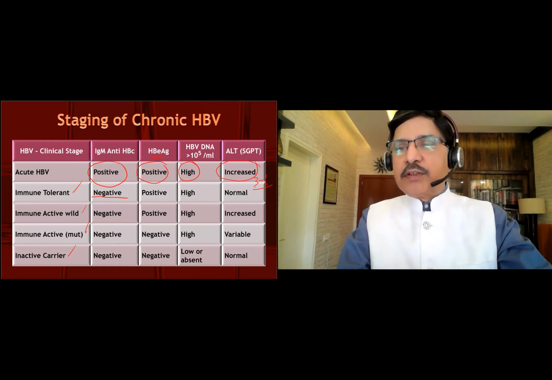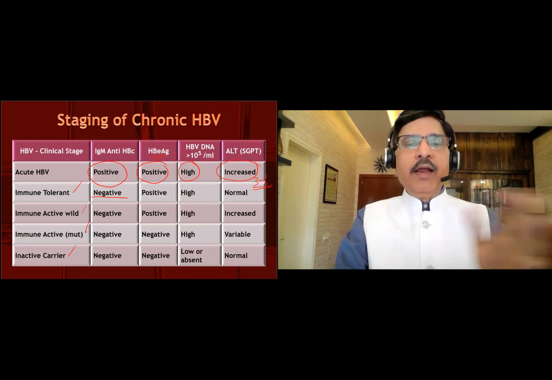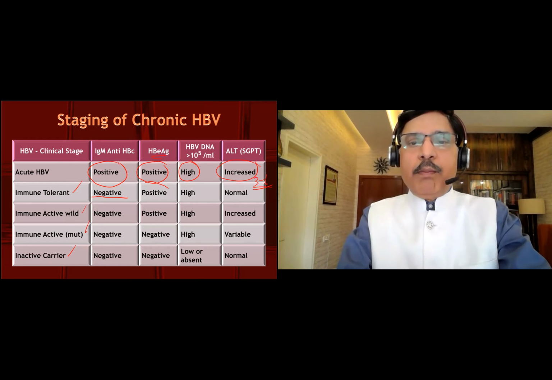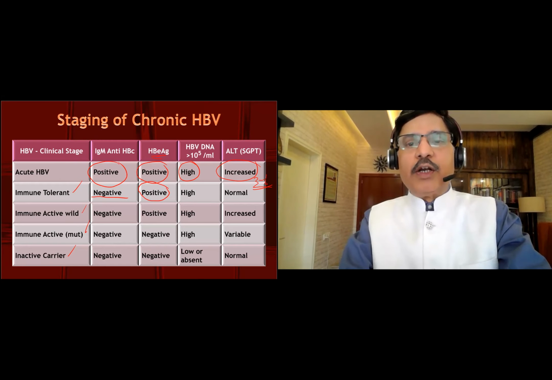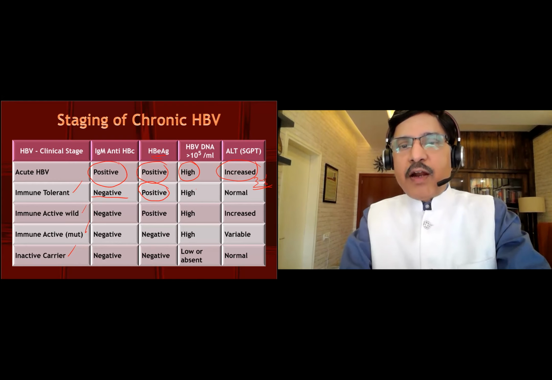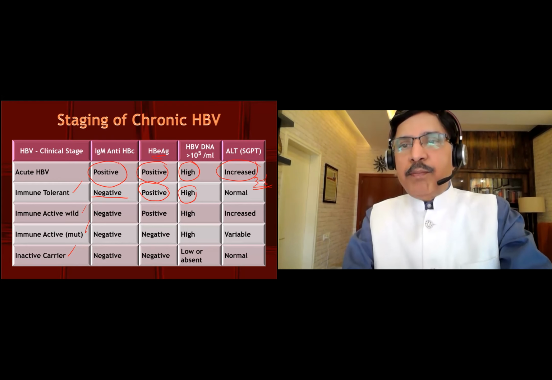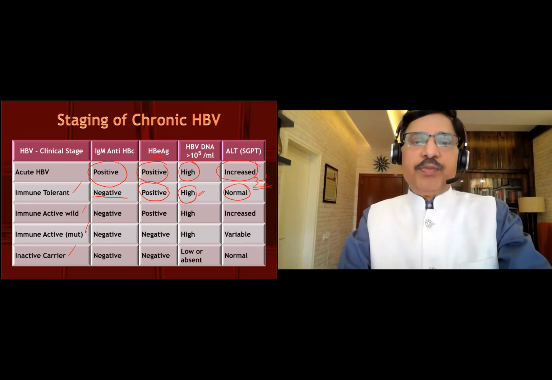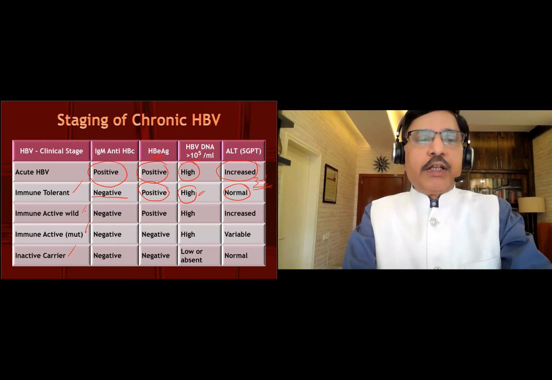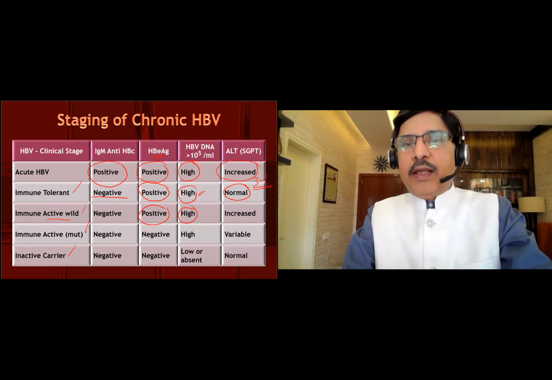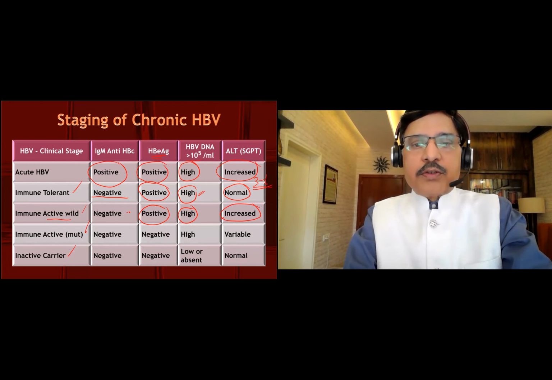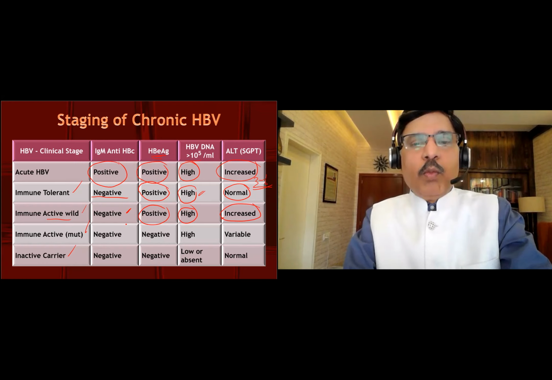We waited 6 weeks, and at 12 weeks it became negative, but the E antigen is still positive, which suggests that it could be active but it is not damaging the liver. ALT is normal, but the viral copies are more. That is, multiplication is there. That is tolerant. In immune active, this is positive, these are also very high, and this is very much increased. The liver is affected. But of course, the acute antibody would have come down by then.